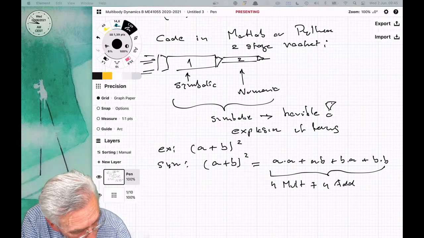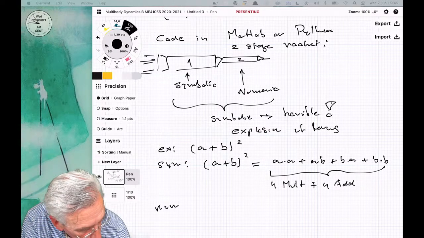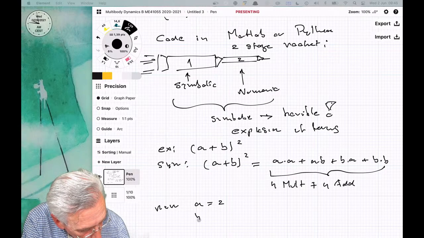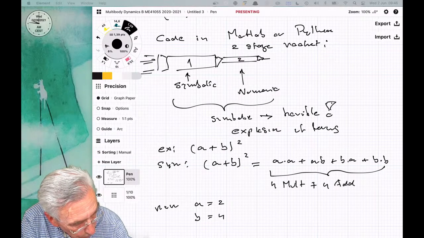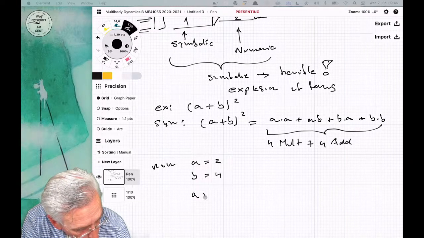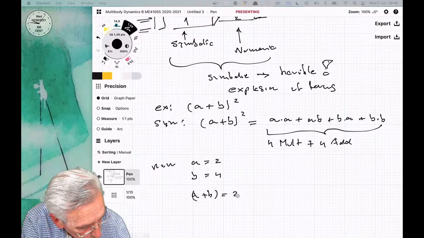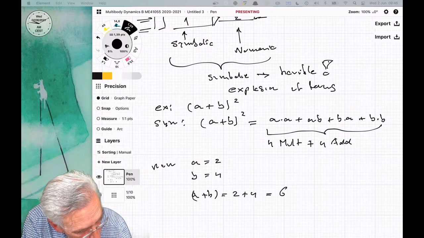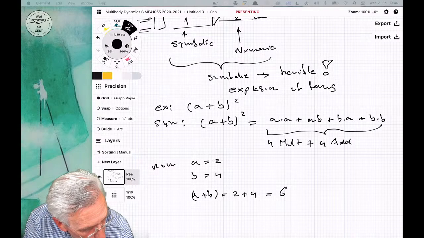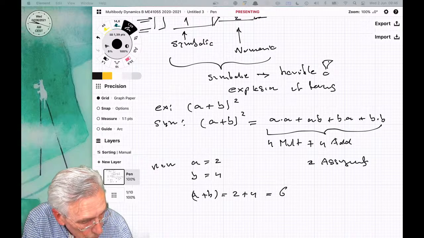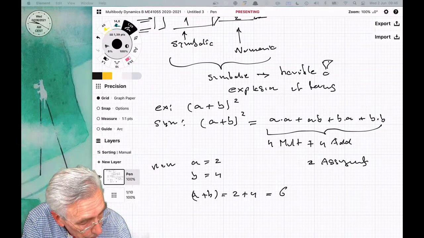Okay, now say you do it numerically. Then A is 2, so you just assign a number, and B is 4. And then A plus B is 2 plus 4, and the answer is of course 6. Now how many operations was that? Those are 2 assignments. You have to do assignments here anyway, so forget that.